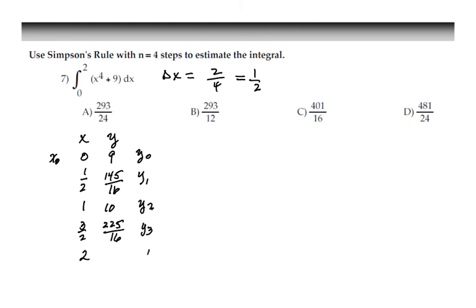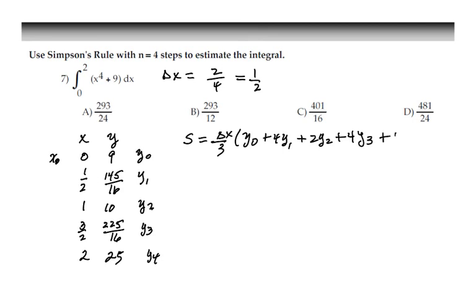And then finally, y4, plugging in x equal 2, you get 25. So then our formula is S equal delta x over 3 times (y0 plus 4y1 plus 2y2 plus 4y3 plus y4).